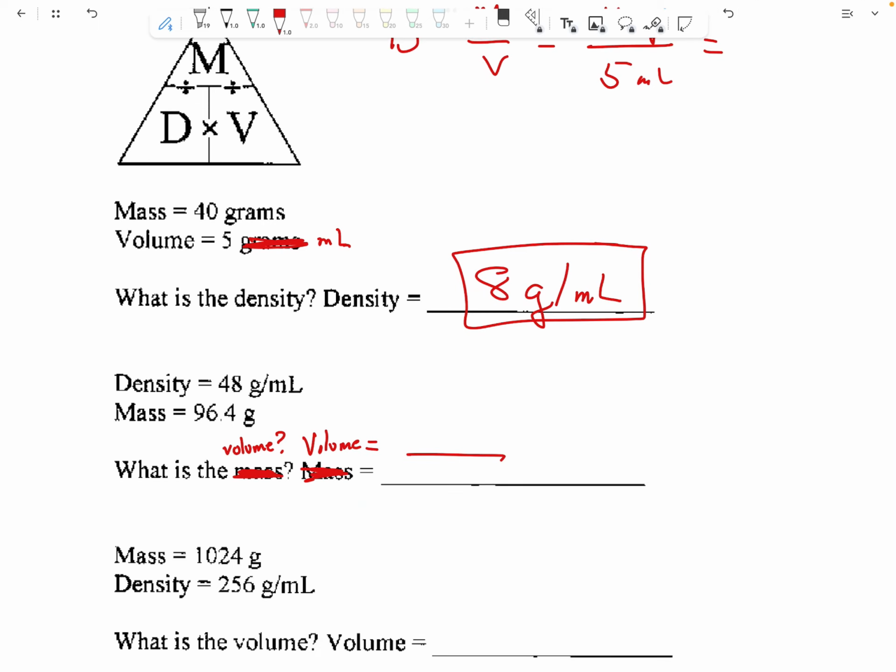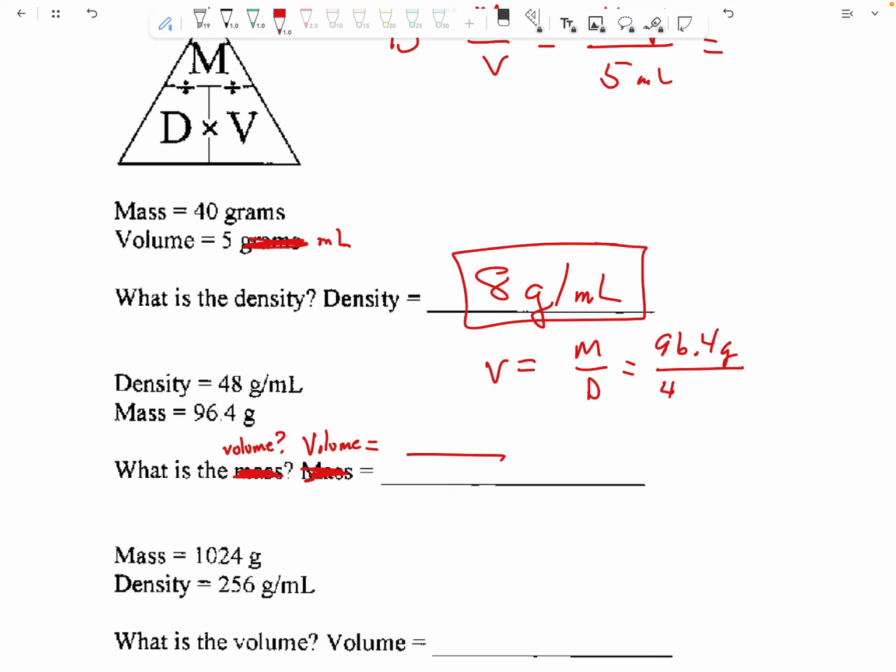We have a density of 48 grams per milliliter and a mass of 96.4 grams. We need to find the volume. Volume is going to equal mass divided by density by looking at our density triangle. So mass divided by density. Our mass is 96.4 grams.